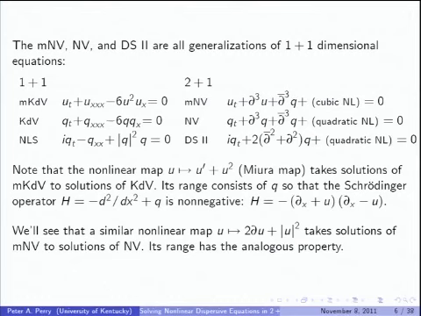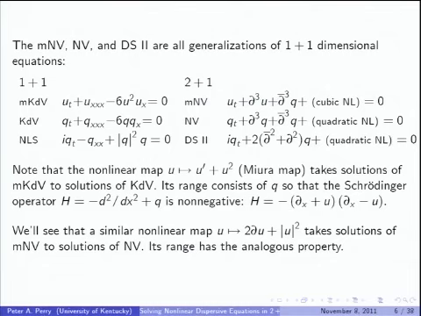The one space and one time equations, modified KdV here, nonlinear Schrodinger, have their 2 plus 1 dimensional partners, the modified Novikov-Veselov equation, which is also third order in the space variables, and has a cubic nonlinearity with one derivative. I will write it down once, but that's really all you need to know for the purposes of this talk. The KdV equation in one dimension and its partner in 2 plus 1 dimensions have a quadratic nonlinearity with one derivative.